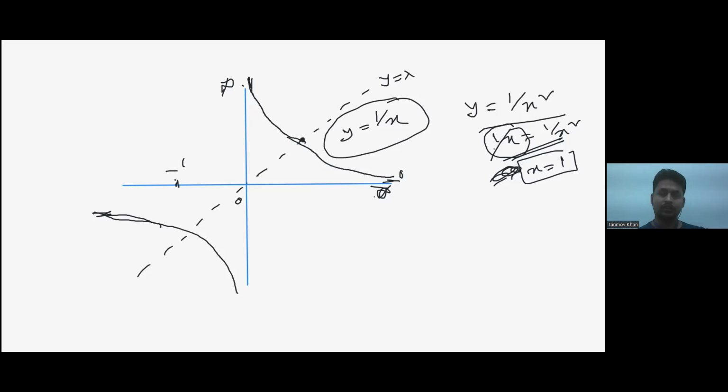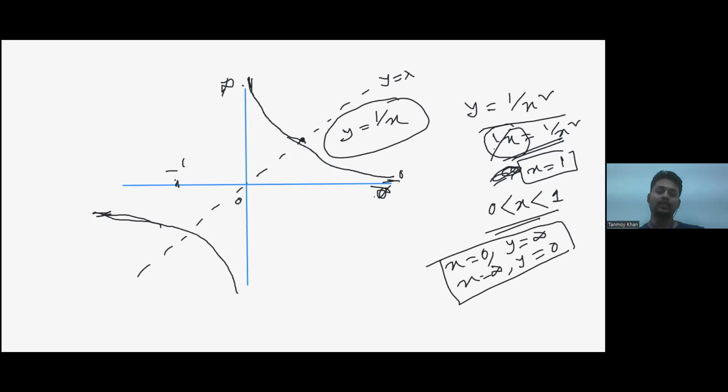Now just do the things. At 0, in this region, what will it become? Because at x equals 0, obviously y equals infinity. There's no doubt. And at x equals infinity, y is 0. This thing is already known because whether it is y equals 1 by x, or y equals 1 by x squared, or y equals 1 by x cube, in every possible case, if the function is 1 by x to some power, this thing is valid. So what will happen for this?